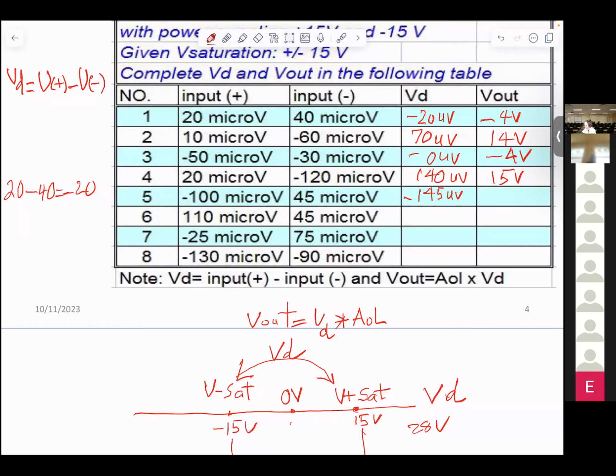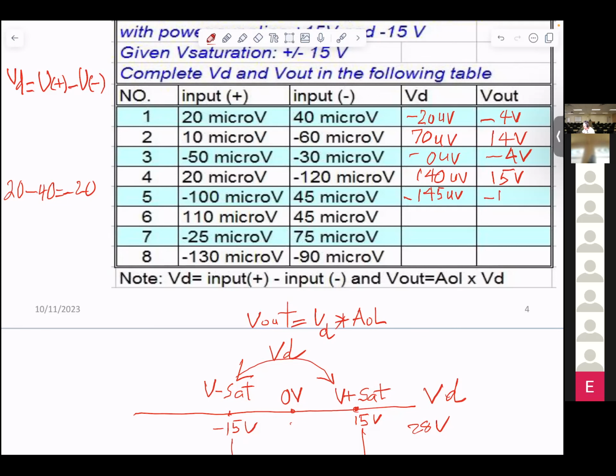Oh, I'm sorry. Okay, never mind. It's negative 55. Negative 100 minus 45 is negative 145. Okay, and what is V out? Let's see. 15 volts, I'm sure. Yeah, it's 15. So you check 145. Negative 15 volts. Perfect. That's what I want.